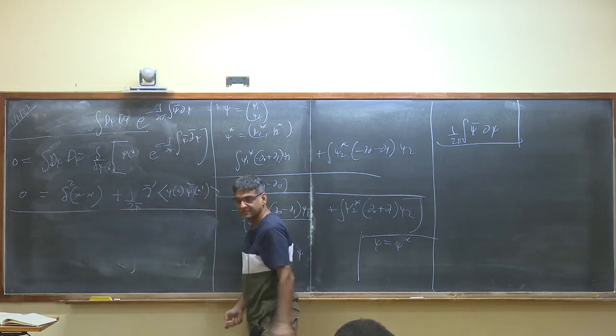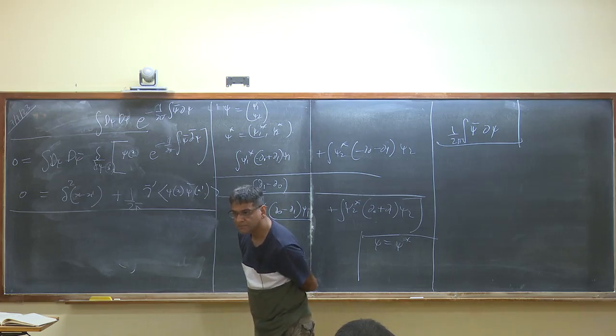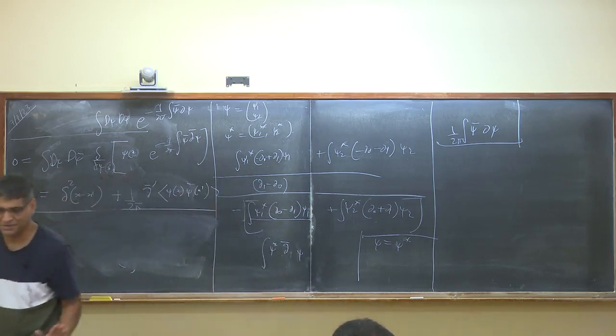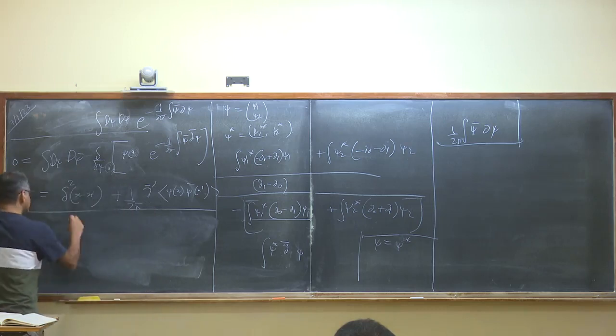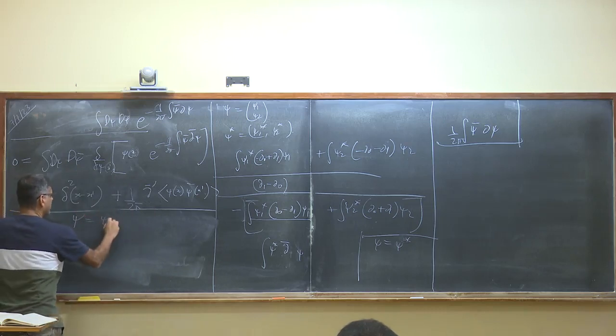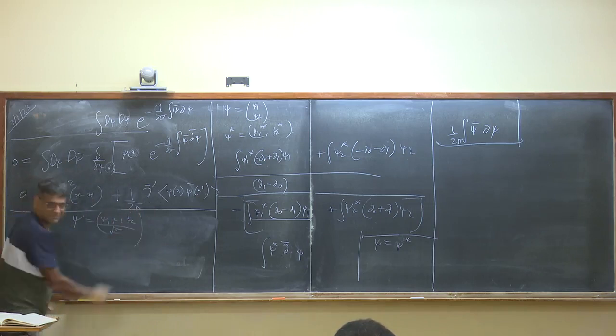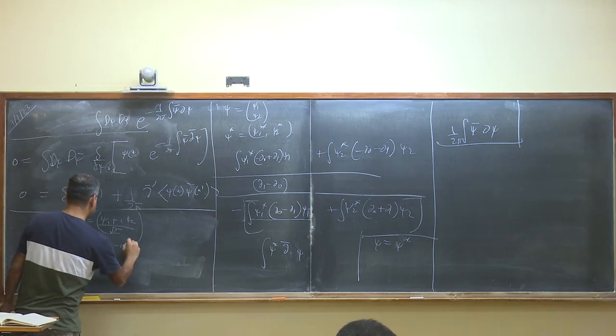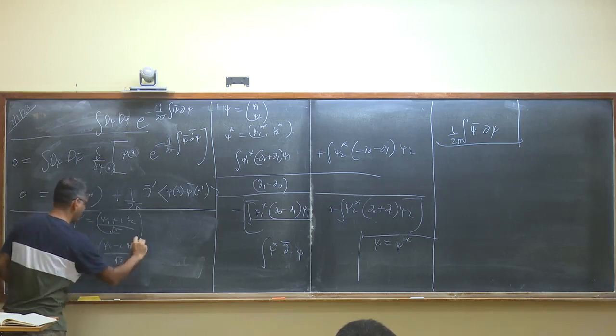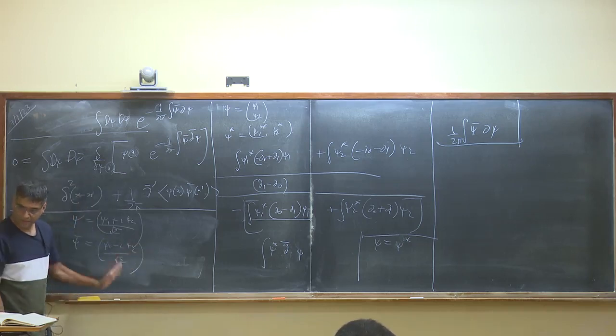No, but my question was psi and psi bar, are they holomorphic or like? Just think of them as completely independent variables. One way of thinking of this is psi is equal to (psi 1 plus i psi 2) by square root 2, and psi bar is equal to (psi 1 minus i psi 2) by square root 2.